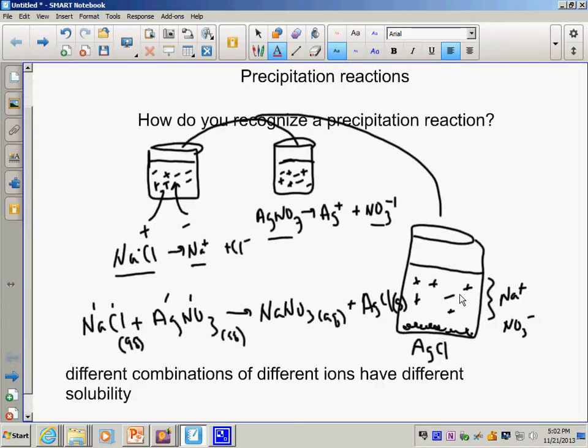Is there still some silver ions floating around up here? Yes, although it's very small. Chloride ions, yes, but very small. So either way, it's purely a matter of solubility, in the sense that the combination of the silver ions and the chloride ions together maxed out their particular solubility. Therefore, it fell out. It got saturated. The sodium nitrate has yet to meet its solubility. It can still dissolve more, so it's a very soluble substance and dissolves very easily.